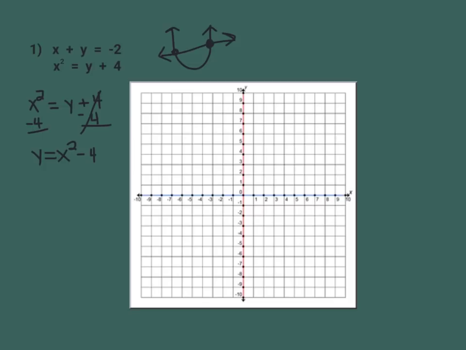Okay, so if you think about how a parabola works, a parabola that opens up, like this one right here, when you go to plot the parabola, when you go to your table of values and figure out which points you want to plot, let's just say we picked this point, this point, this point, and this one up here.